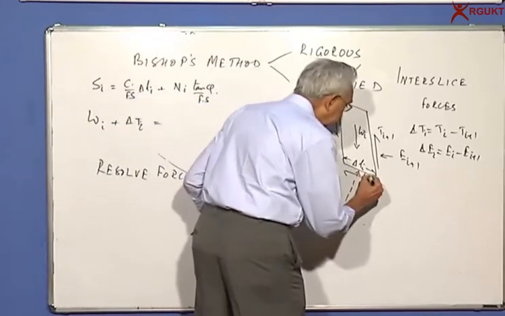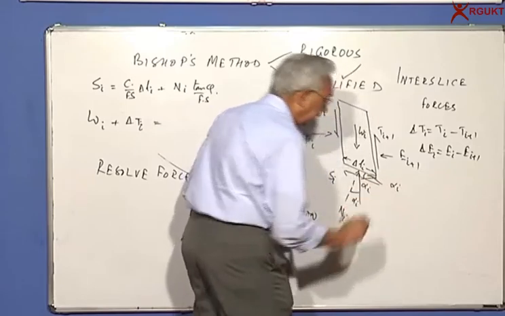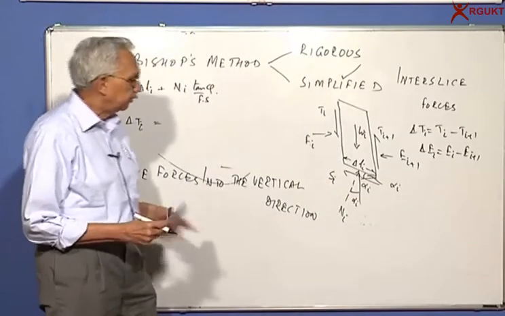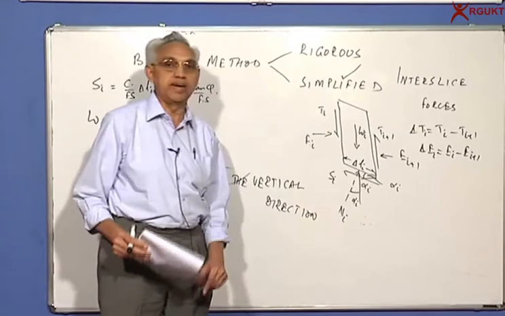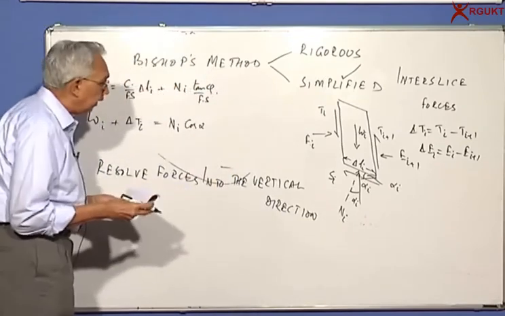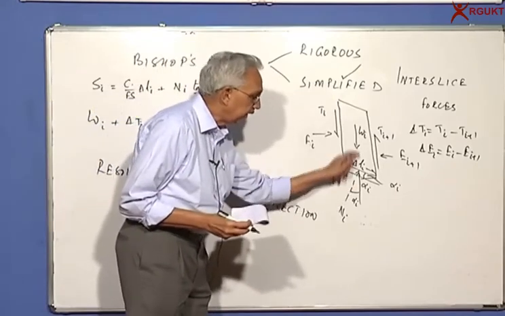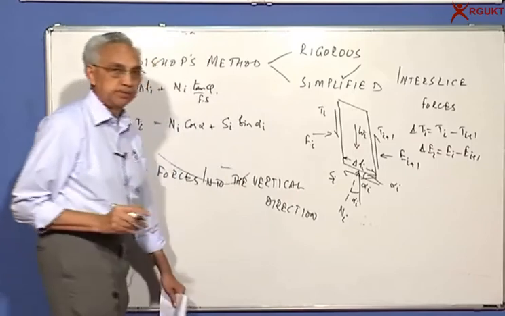And again, if this angle is alpha i, and this obviously will be alpha i, it will be equal to Ni cos alpha i. Ni cos alpha i, that will be the vertical component. Similarly, Si sin alpha i are the vertical forces.